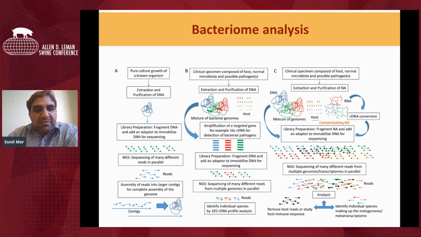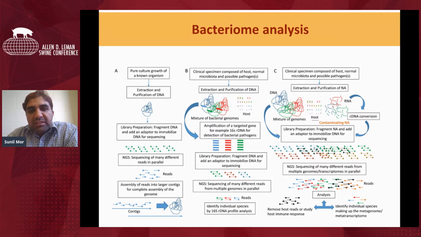In that case, just pick up the bacterial colony or culture, extract the DNA, and then do the NGS library prep and sequencing, and then do the analysis to assemble the whole genome, to compare with previously reported sequences or to find out the information that we are looking for.